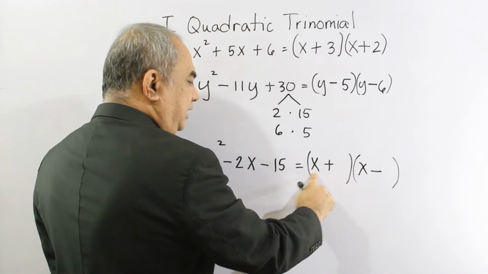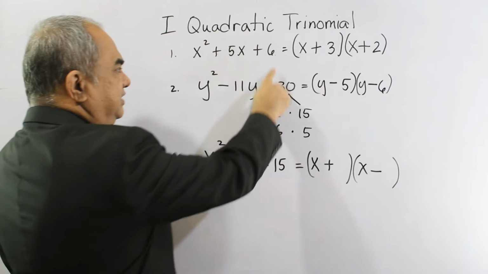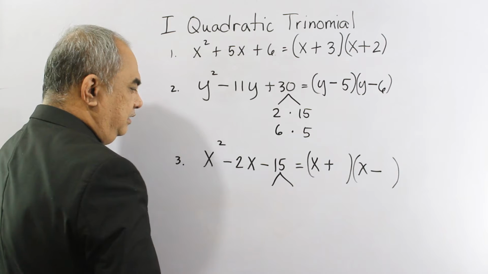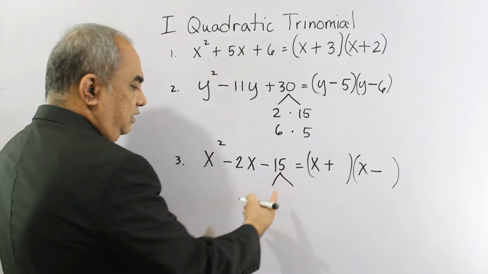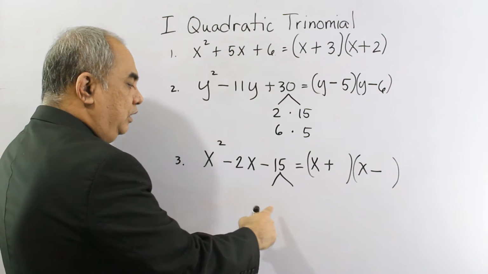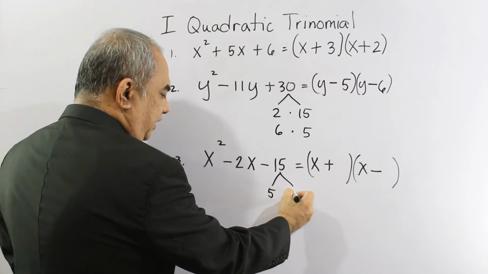So x times x will give you x squared. And again, just the same as this one, we need to find the factor of 15. Okay? It so happened that the factors of 15 could either be 15 times 1 or 3 times 5. So let's try 5 times 3 or 3 times 5.